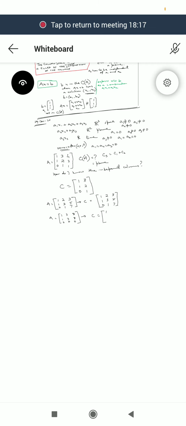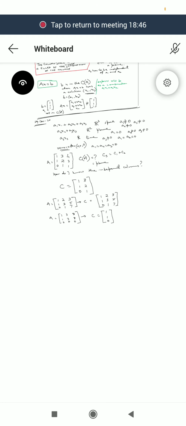First one is 1 1 0. The second column 3 3 0 is a multiple of the first one, 3 times. So I cannot take that. What about the third column? The third column is also a multiple. So I cannot take that. So with this, we have the column dimension here in this case.